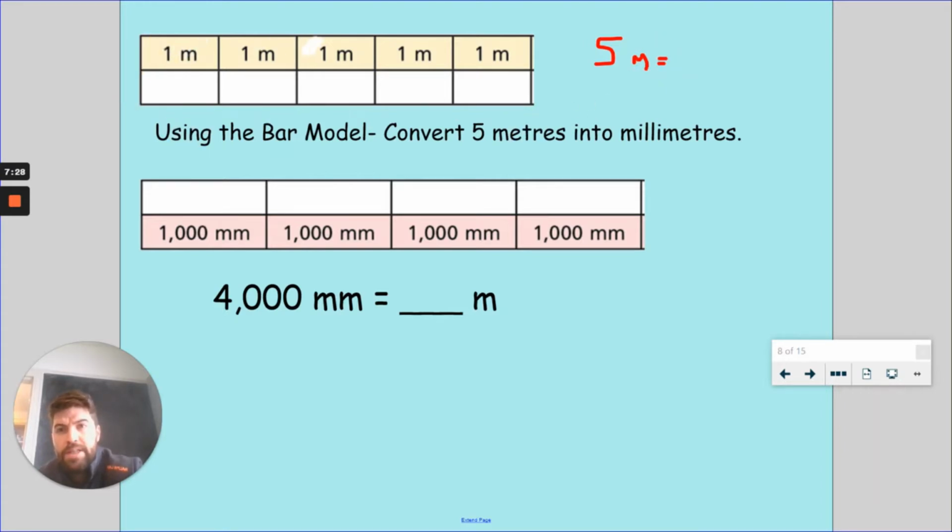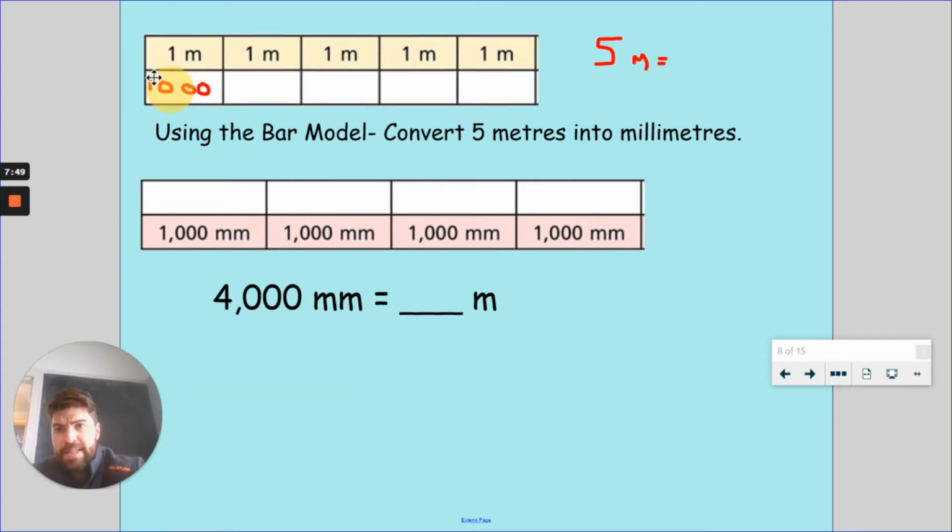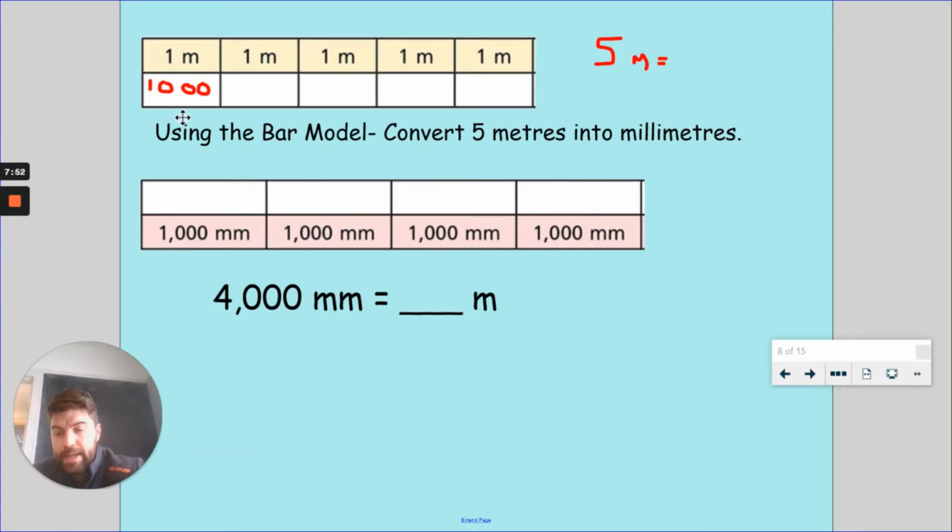Here I've got 1 metre, 2 metre, 3 metre, 4 metre, 5 metre. Now I know that each metre is worth 1,000 millimetres. So now that I know that that is the value of 1 metre, I can use that for each one.